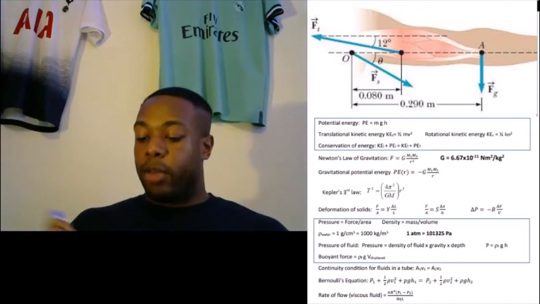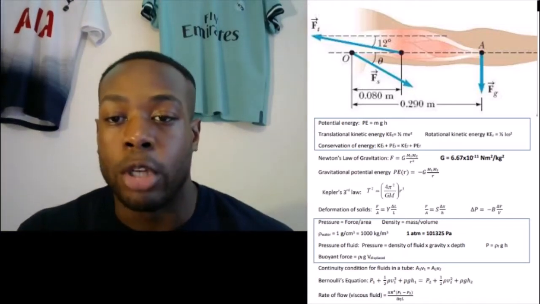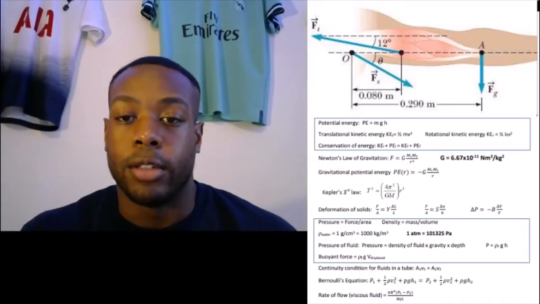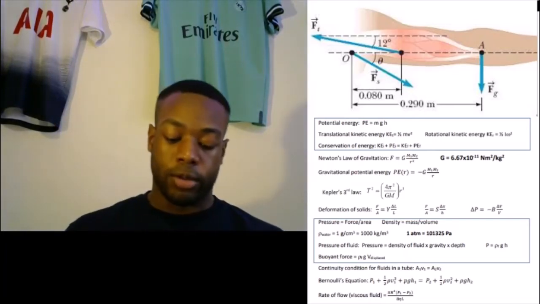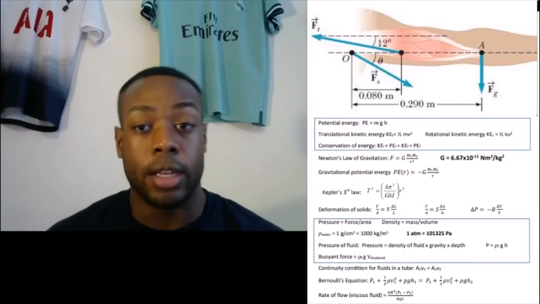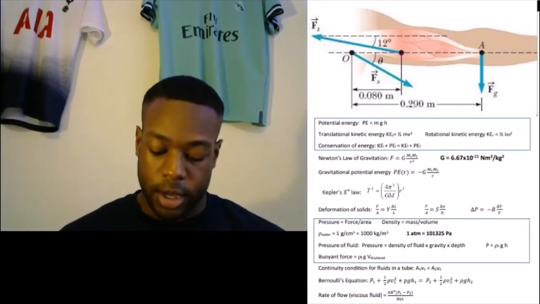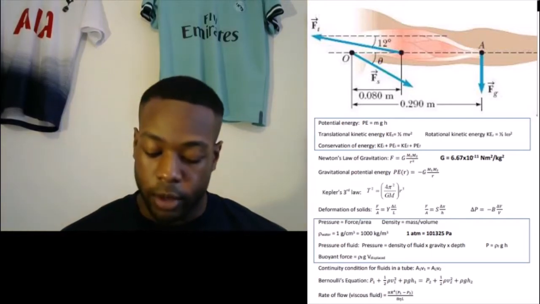For the y dimension, we have every force acting on the y-axis. So let's write out our Newton's second law equation. Force T is going up, so let's say that's positive: force T sine 12.